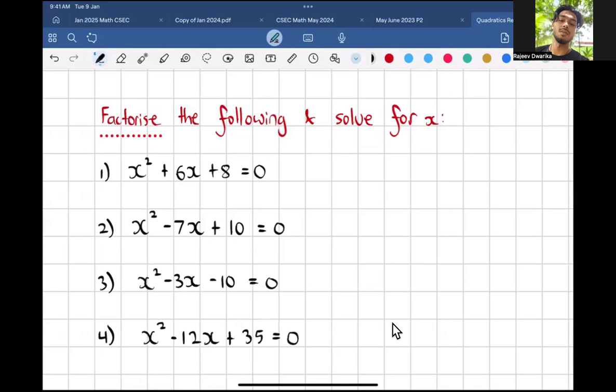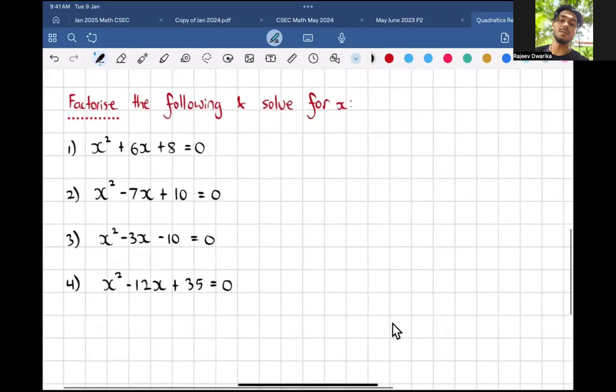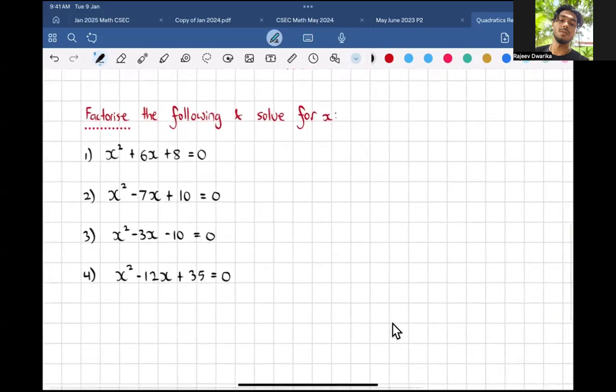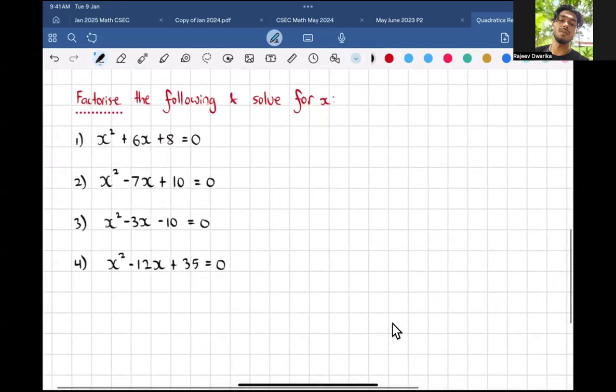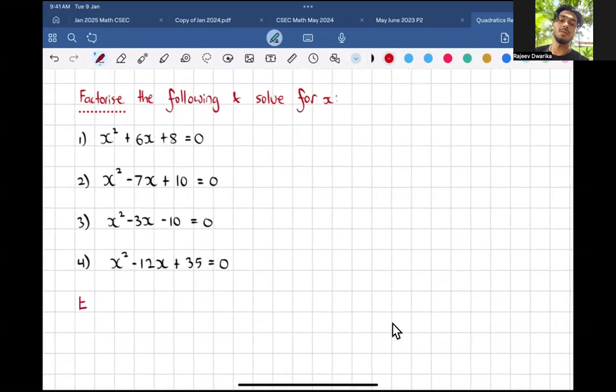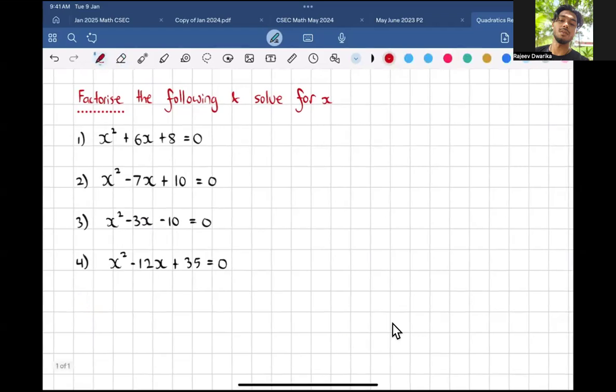Okay, I want you all to factorize those. And in addition to that, what do I want you all to do? What's a good exercise? Let me think. All right, so factorize the following and solve for x. Right, so that's part one.